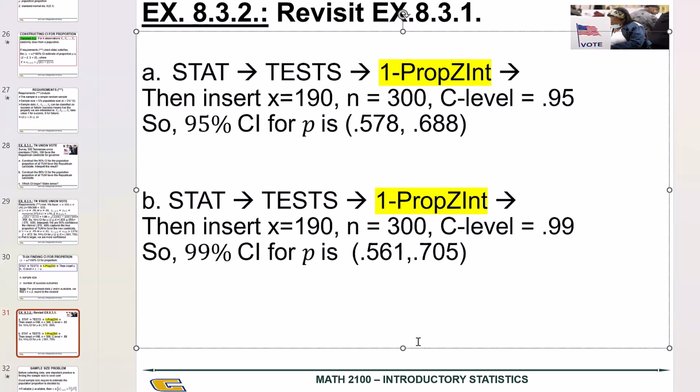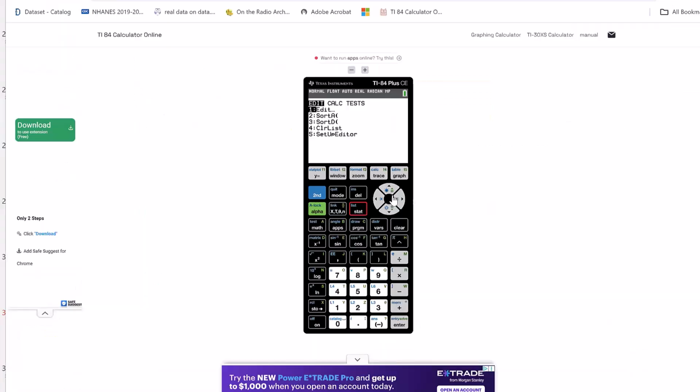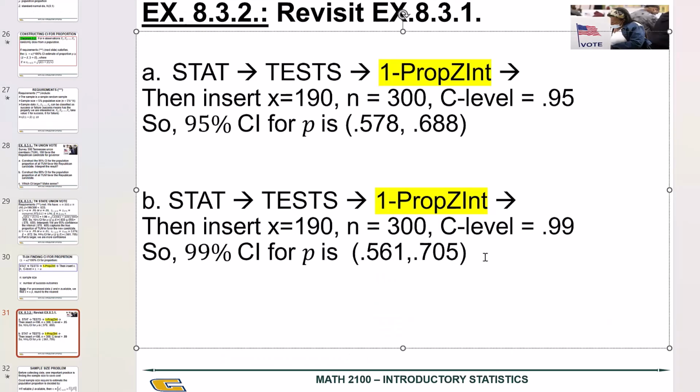So how about 99%? You change a little bit here. One proportion z interval, option A, but you move to 0.99, right? Which gives 0.561 or 0.562, you round up, and 0.705.